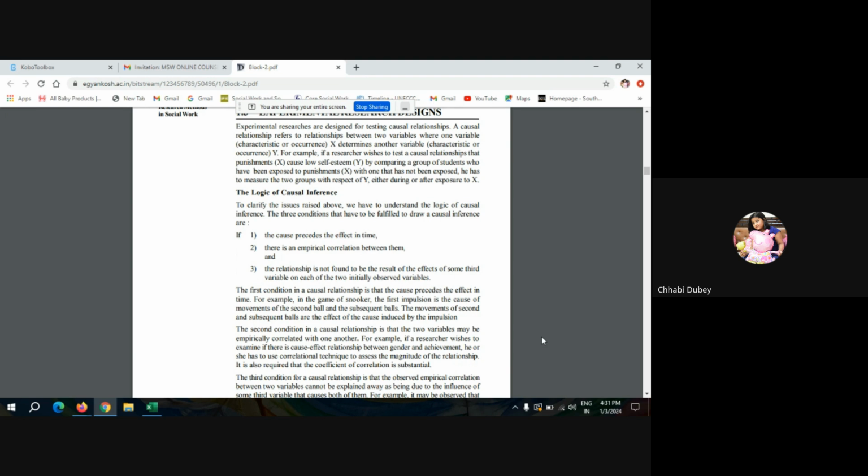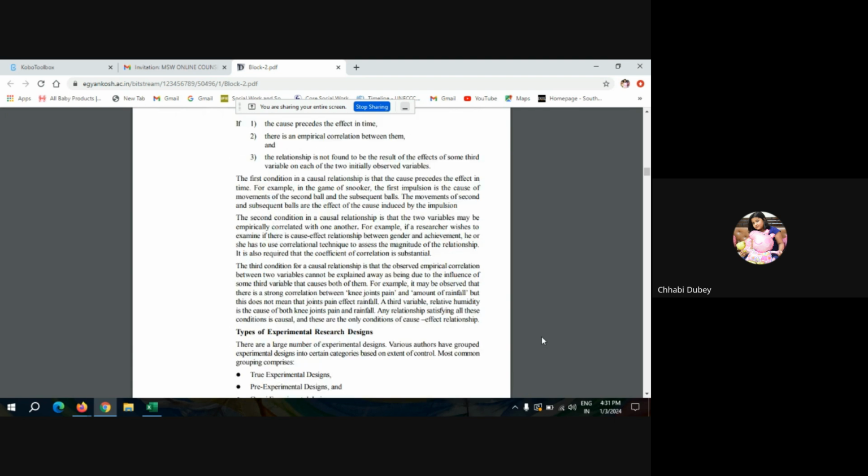The second condition is that the two variables are correlated with one another; there has to be some kind of correlation between the two. And the third condition is that the observed empirical correlation between the two variables cannot be explained away as being due to the influence of some third variable that causes both of them.